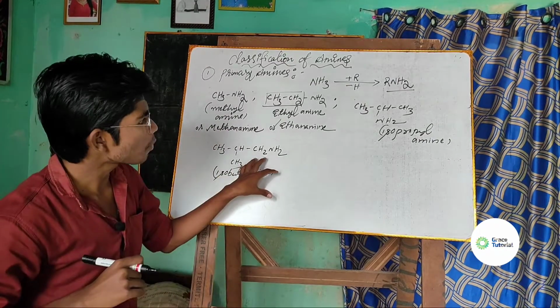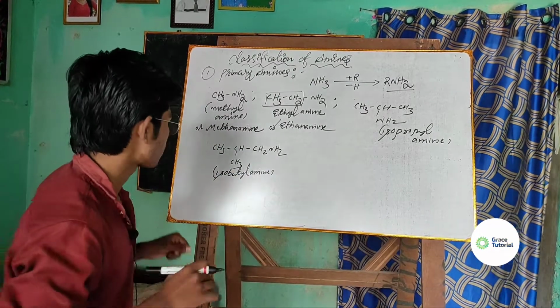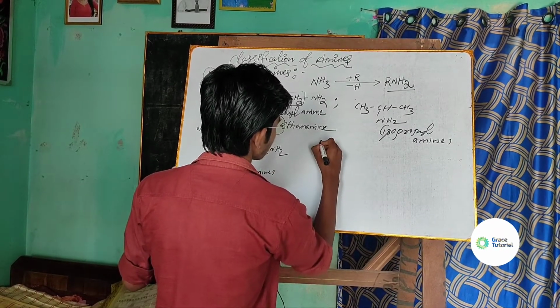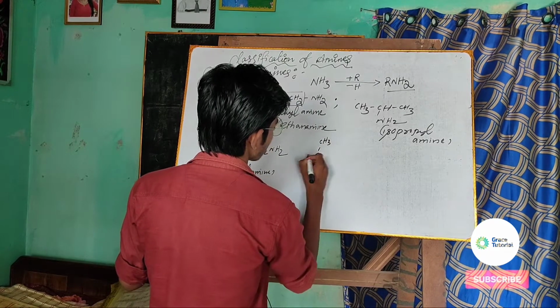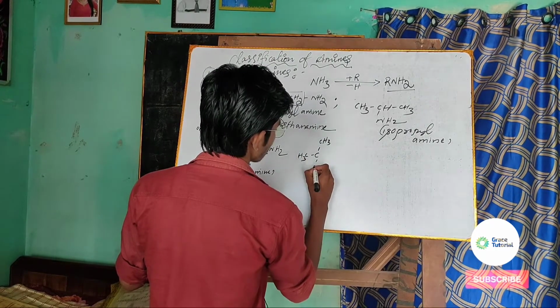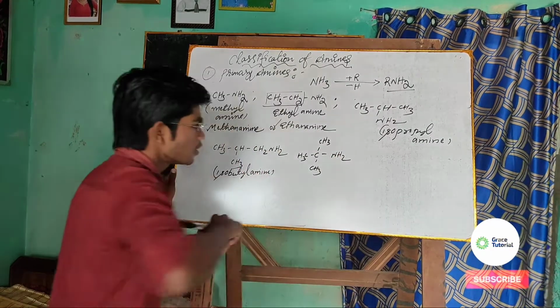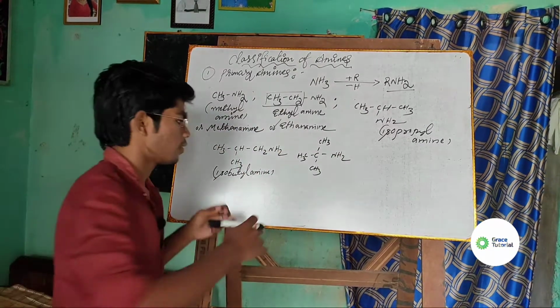The name of this compound is isobutylamine. Suppose I have this one, tertiary butylamine.